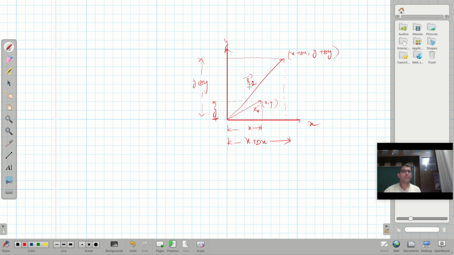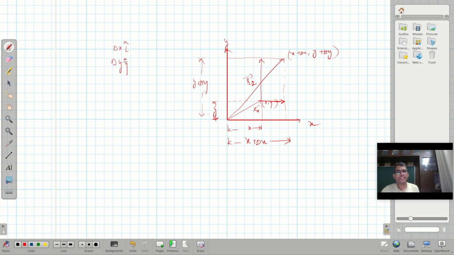So now if I try to find out the area, this is one vector and this is another vector. This vector is represented by delta x i cap, and this other vector is represented by delta y j cap.